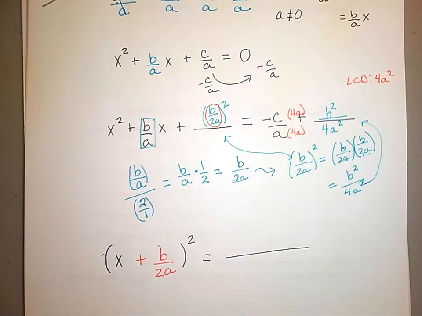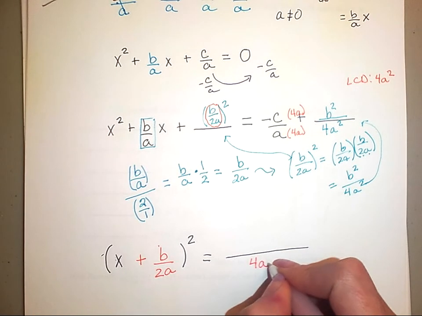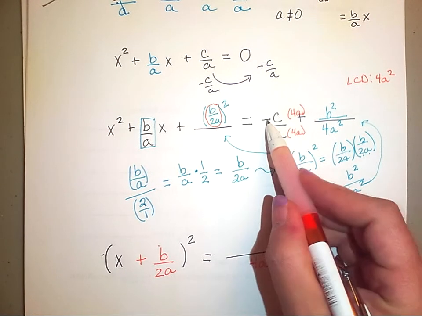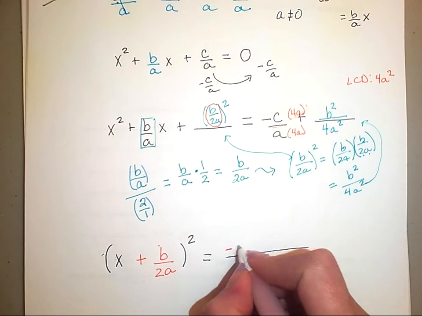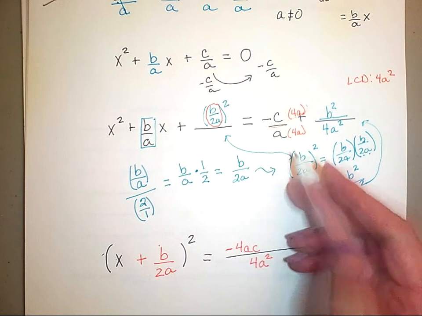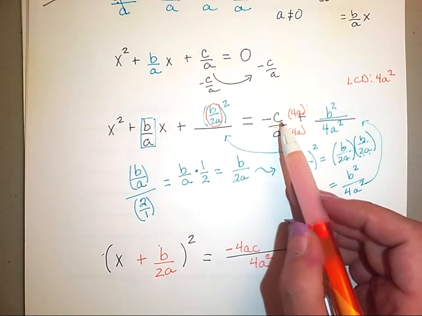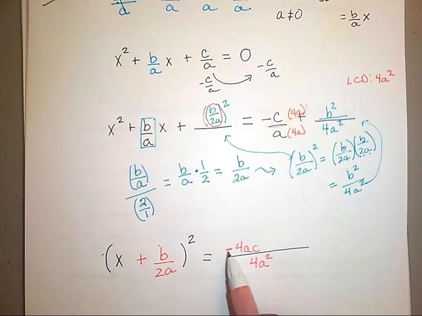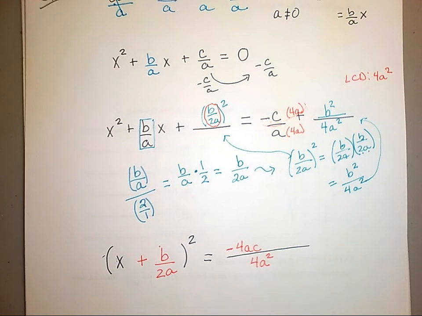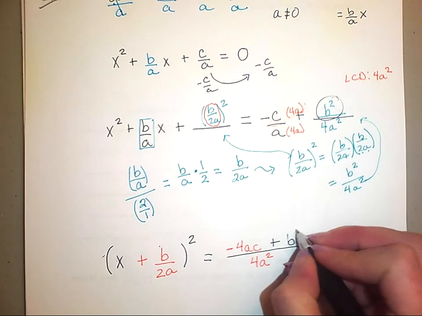So I could write it as one big fraction, 4a squared. This becomes negative 4 times a and c. Remember that this multiplication will commute. So negative c times 4 times a is the same thing as negative 4 times a times c. And then we just leave the plus b squared from here.